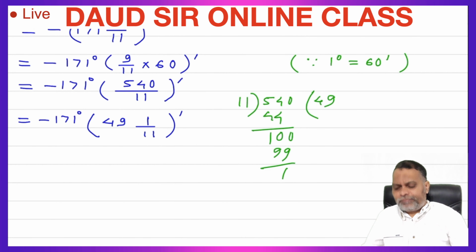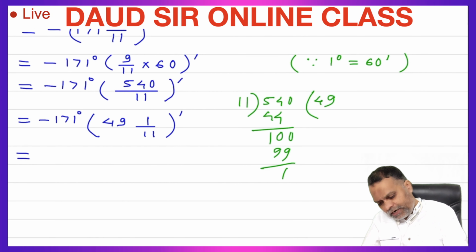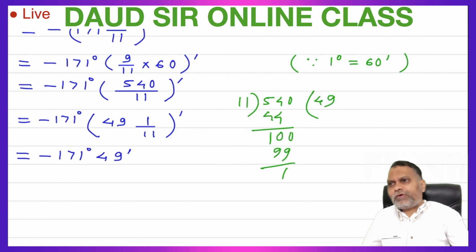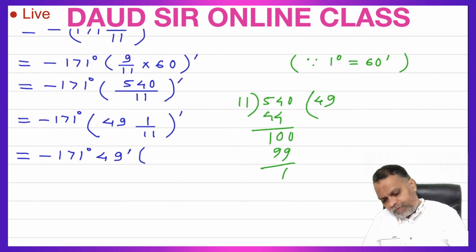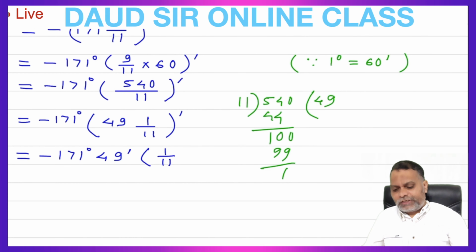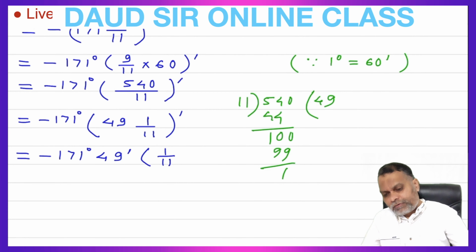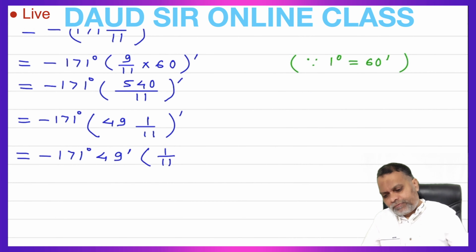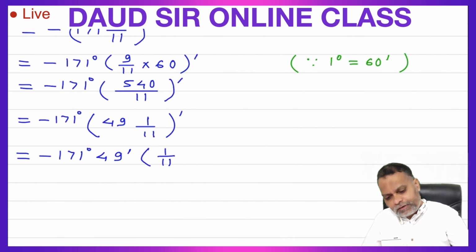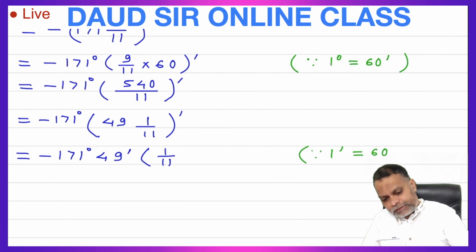So write the complete minute. So we can write minus 171 degree 49 minute, and we have to convert this 1 upon 11 minute into second. For this we have one conversion: since 1 minute is equal to 60 seconds.